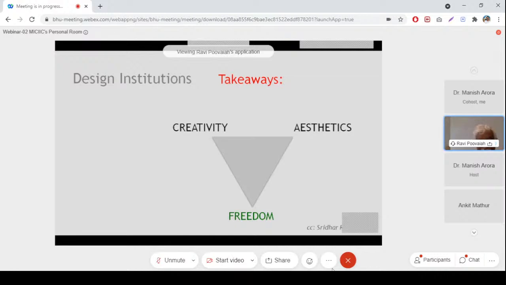I realized my potential as a creative person, as a human being. I also became very sensitive to aesthetics, so I could make judgments to see which is better. More than all that, he says, the kind of freedom that I got after doing the program, in making choices and seeing the world with the freedom inside me, nothing like that. So I think that's a great takeaway from a design school, from an alumnus.